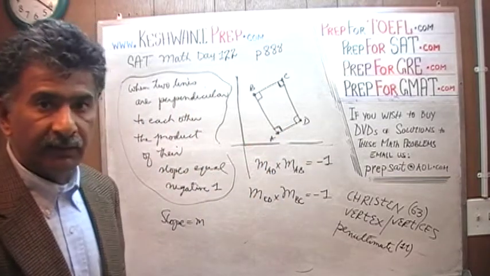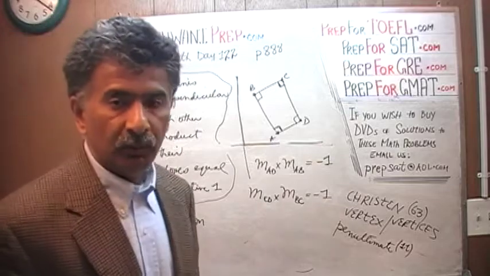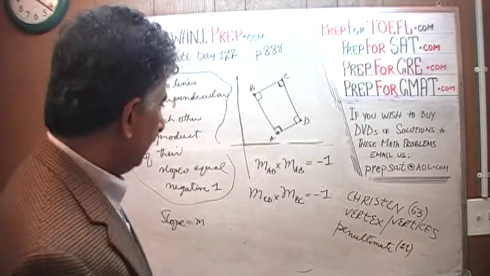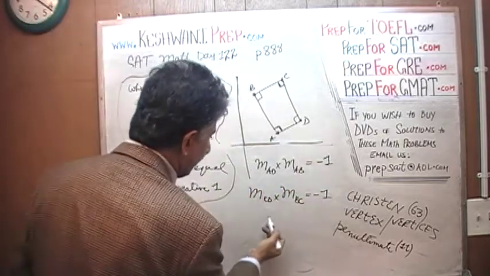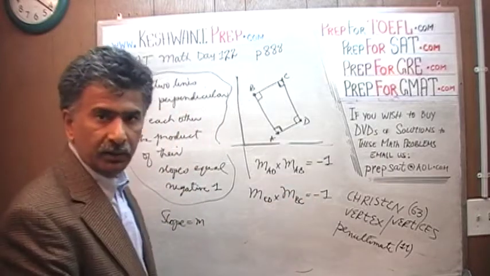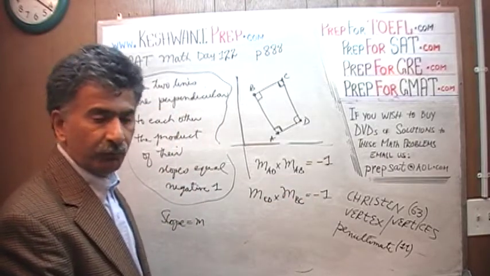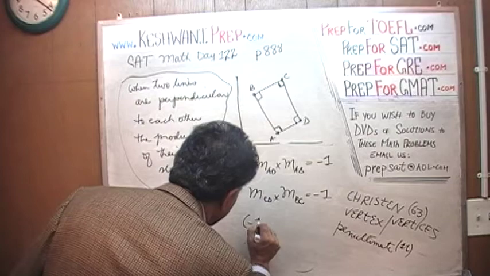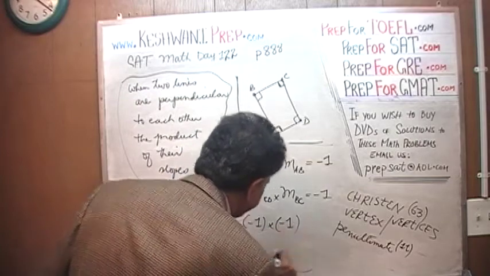And now they're asking us for the product of the slopes of all four lines. Well, if the product of the slopes of these two lines is -1 and the product of the slopes of these two lines is -1, then the product of the slopes of all four lines will simply be -1 times -1.